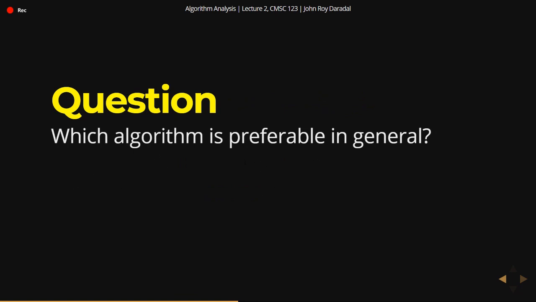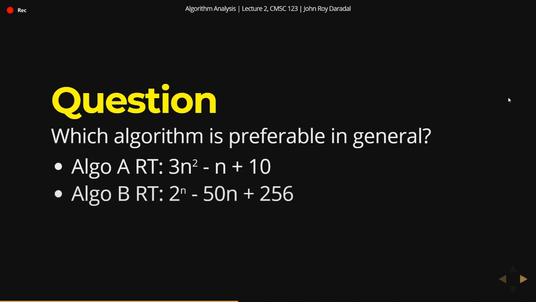So let's see another example. Which algorithm is preferable in general? Algorithm A's running time is 3n squared minus n plus 10. Algorithm B's running time is 2 raised to the n minus 50n plus 256. So which algorithm do you think is preferable in general?